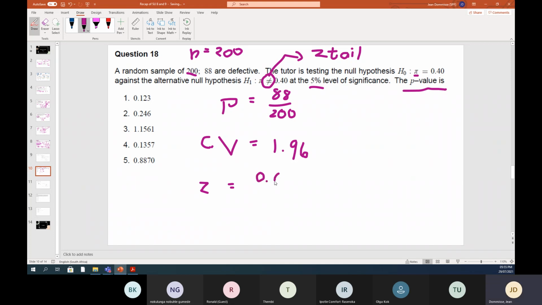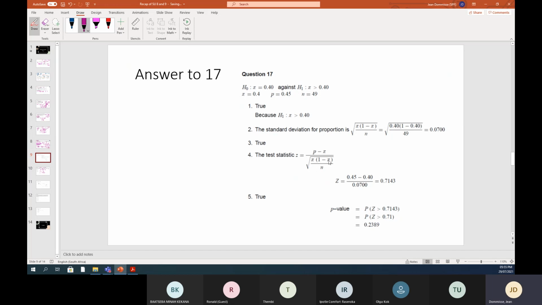So just check for me, that will be 0.44. So that would have been equal to 0.44. So we do the p minus the sigma, 0.4, divided by... just check. So it will be divided by that again.